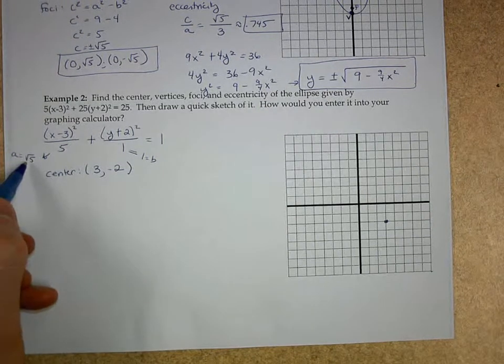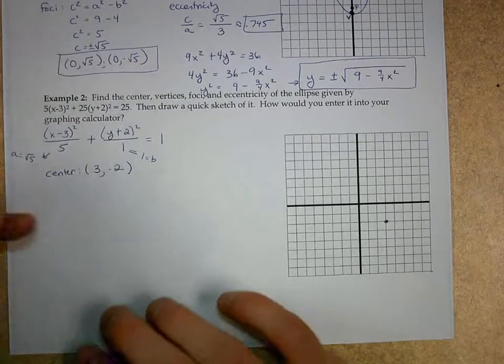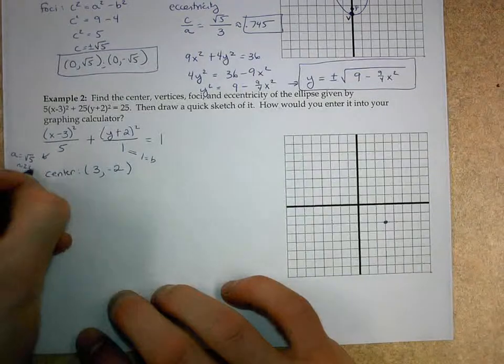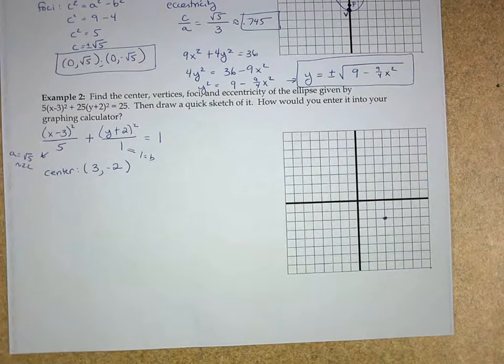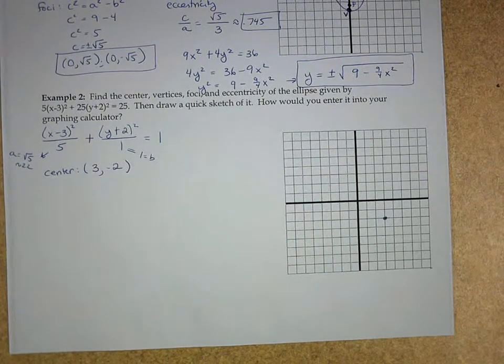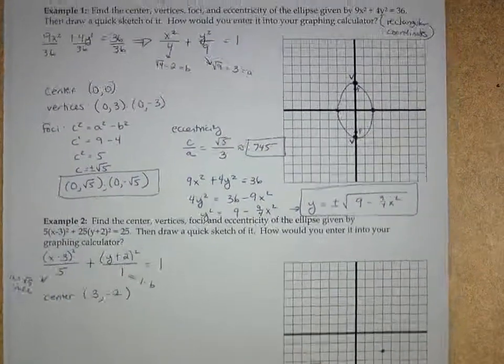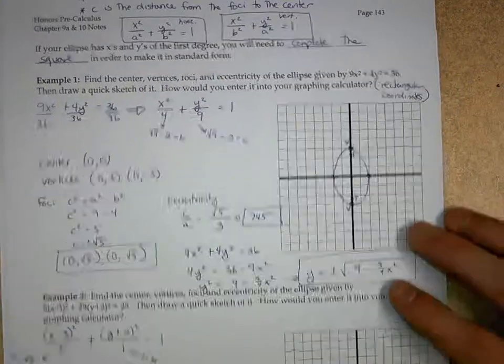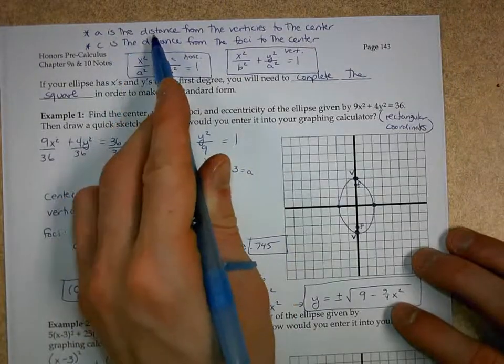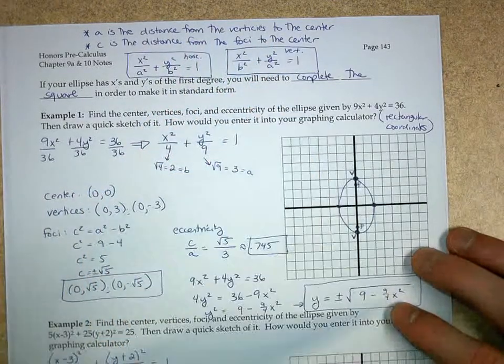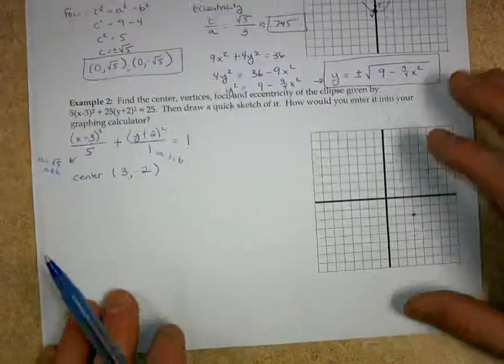So my a value is going to be square root of 5, which is approximately 2.2 if I convert that to a decimal. And remember from what I said at the very top, a is the distance from the vertices to the center, or from the center to the vertices.